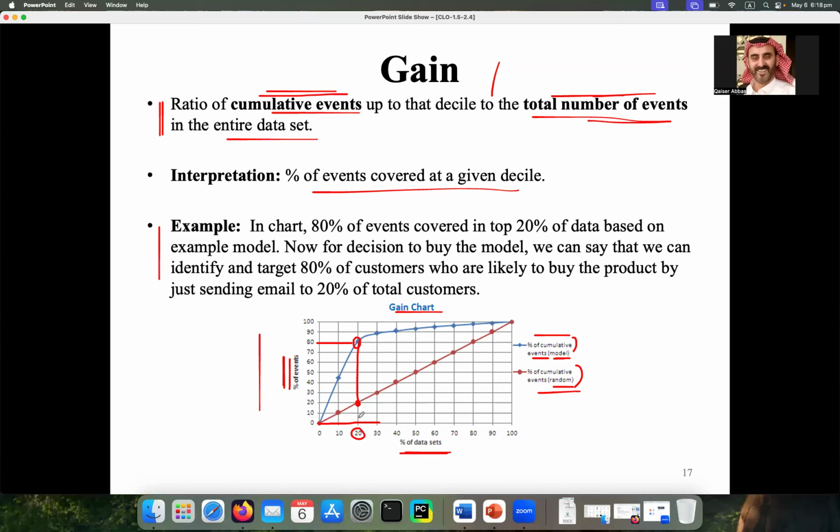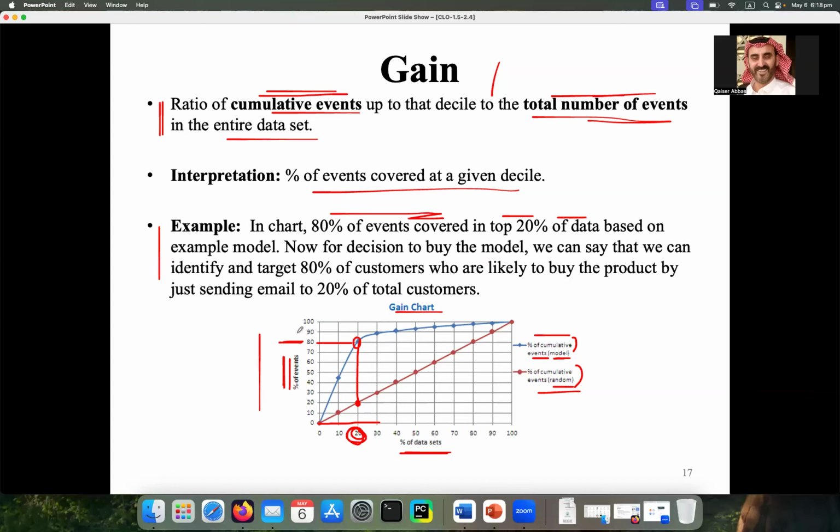This is the interpretation of this chart. Or in another way, by covering only 20% of the customers, you are actually covering 80%. Or you can say by covering only 20% of the data, you are actually covering 80% of the customers, feedback or whatever you want to say. So here, 80% of events are covered in the top 20% of data.